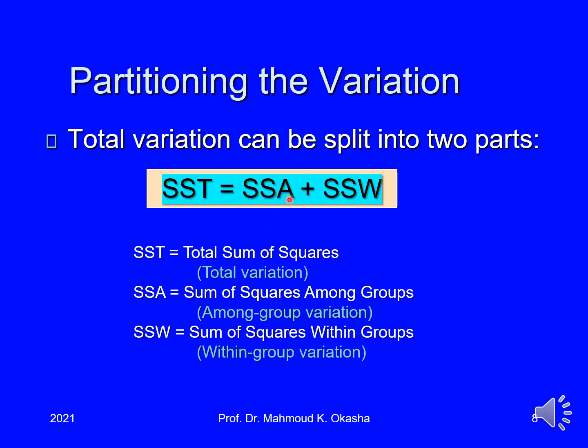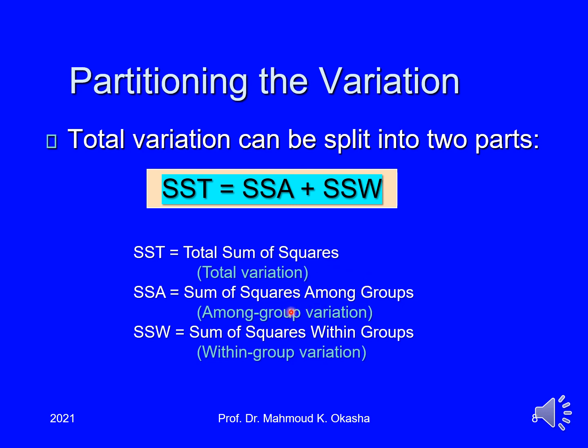SSA, which is the sum of squares among groups, and the sum of squares within groups. So we have SST, which is the total sum of squares, the total variation.